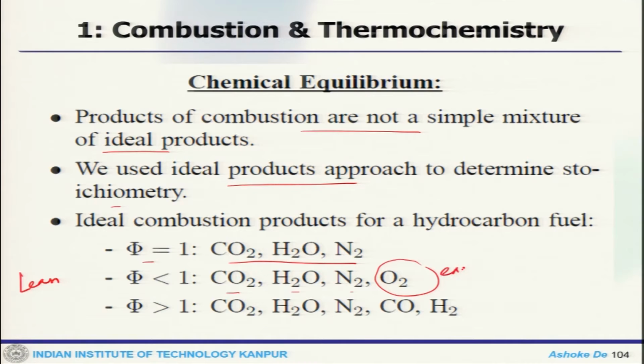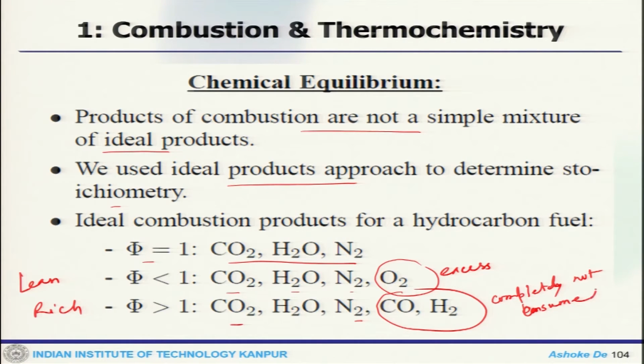If it is rich, you get CO2, H2O, N2, but then you also get some CO and H2, because that is a rich condition. The hydrocarbon would remain, not completely consumed. So, you get this kind of products.